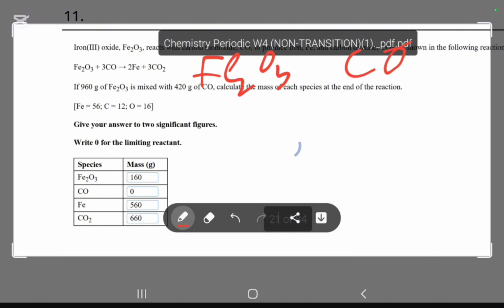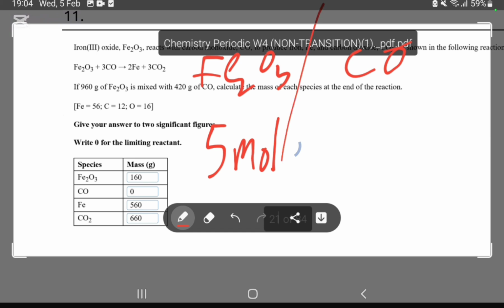So from here we use 5 moles, like for each coefficient, right?